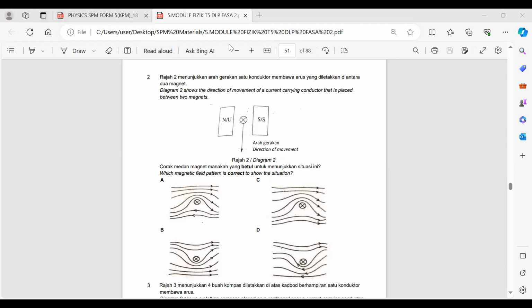Okay. Both of you are trapped. The answer is not A. See properly. There's something, there's a trick to trick you. See properly.